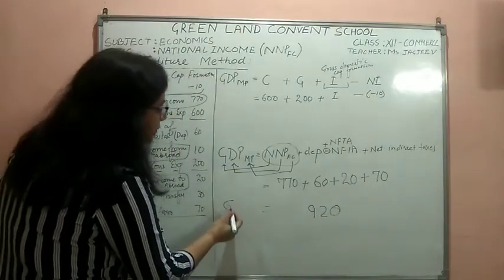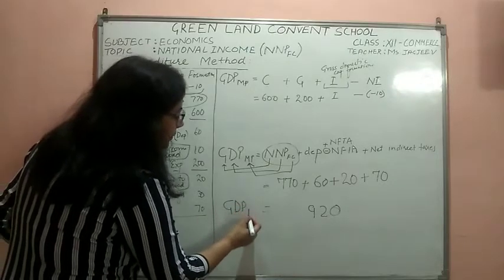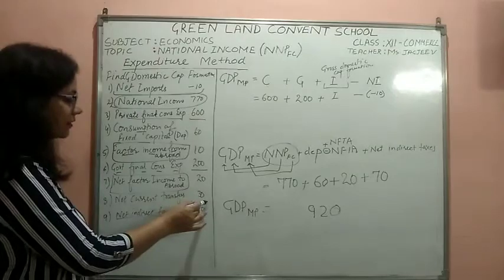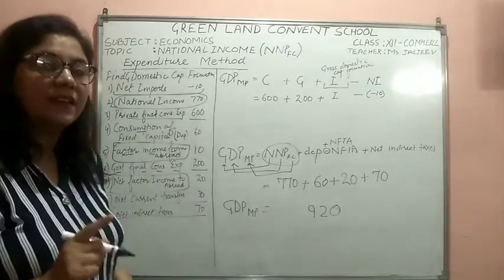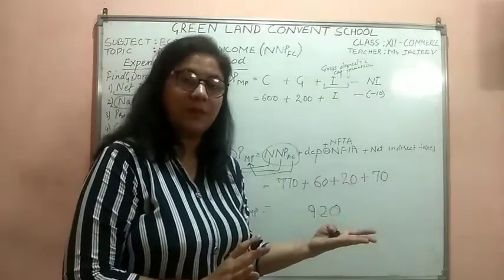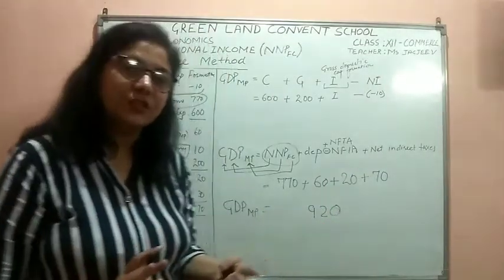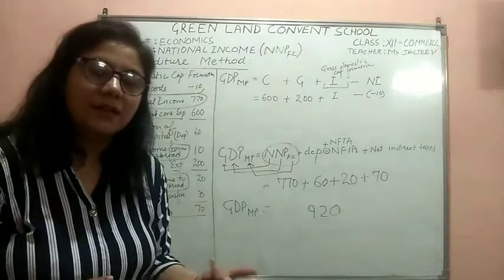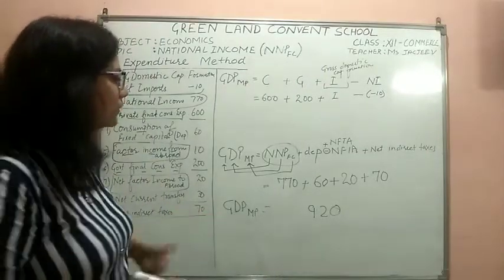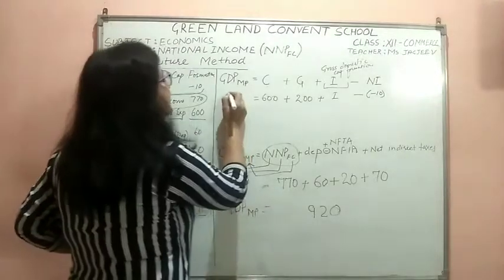So that is your GDP at MP. Dear students, we never take any current transfer. Current transfers are one-sided payments which are not a part of national income. Unilateral or one-sided payments. We had done transfer payments. Now, GDP at MP is 920.